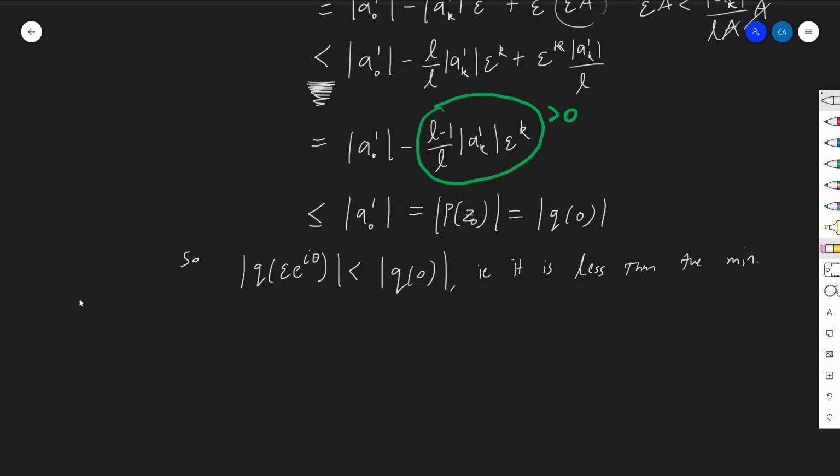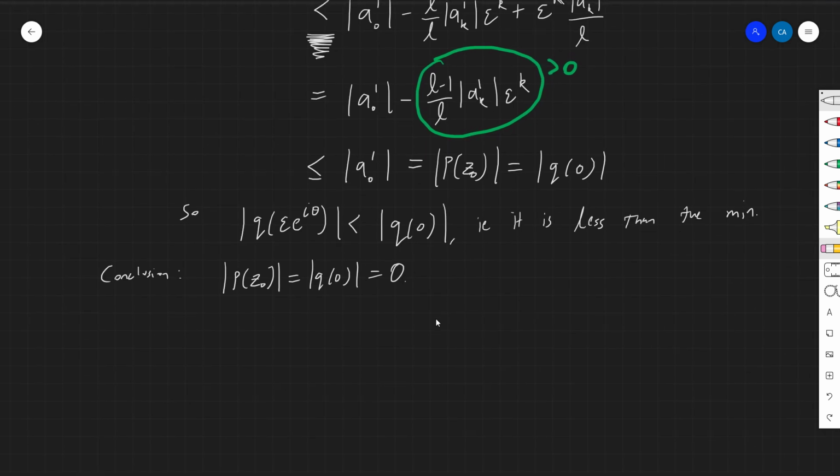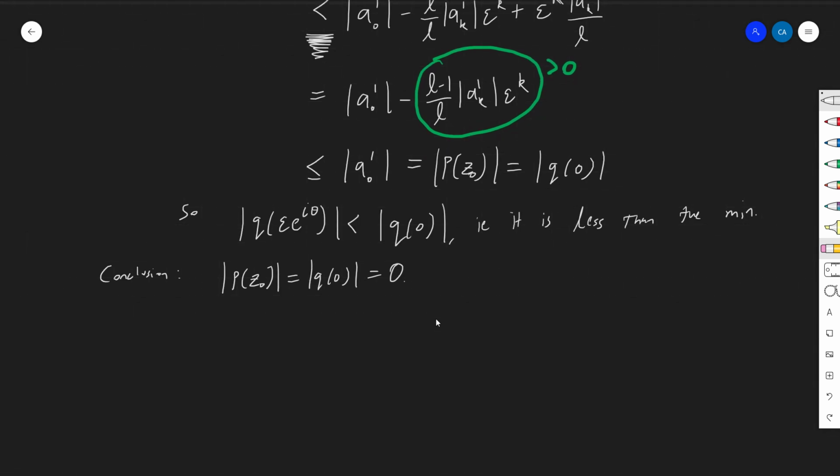So, conclusion. The magnitude of p of z0, which is equal to the magnitude of q of 0, is equal to 0. Because if you pick it to be bigger than 0, then I can show you a little bubble where if you picked a complex number in that bubble, you'd actually get smaller than it, contradicting that it is a minimum. And so what have we proven?